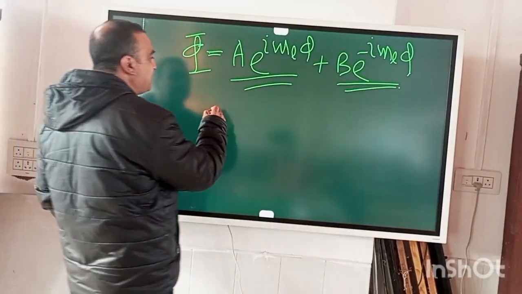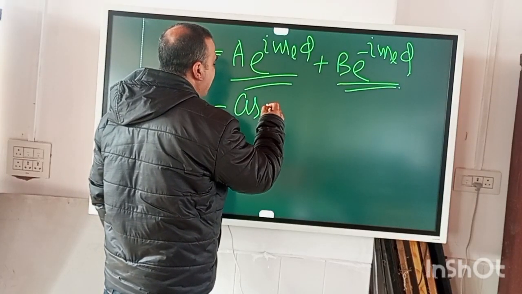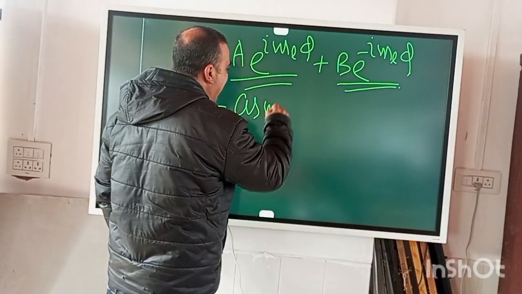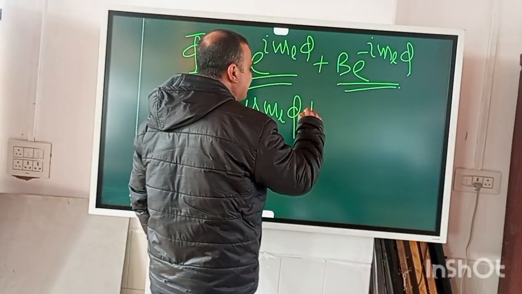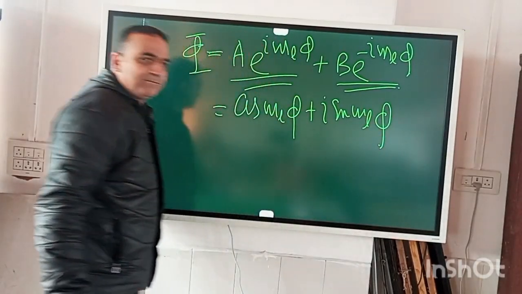So this is made of what? This is made of the cosine component: cosine of ml phi plus iota sine of ml phi. Right?